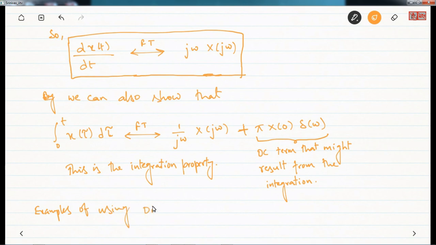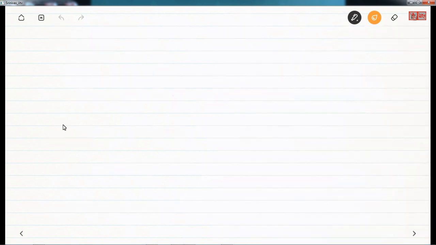Examples of using differentiation and integration properties.